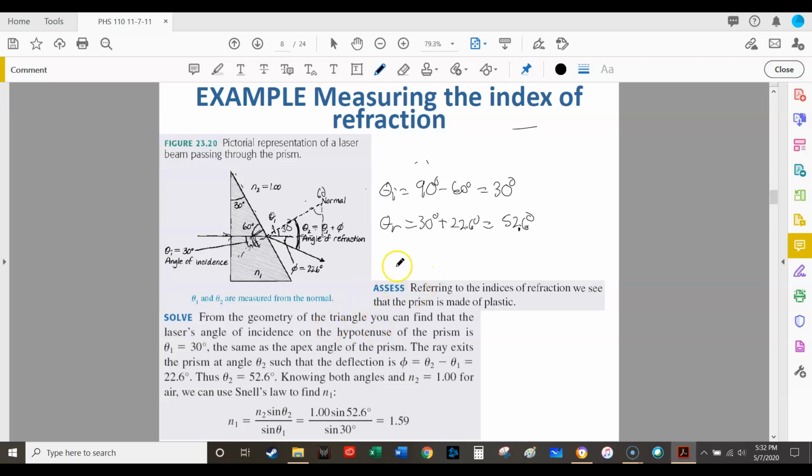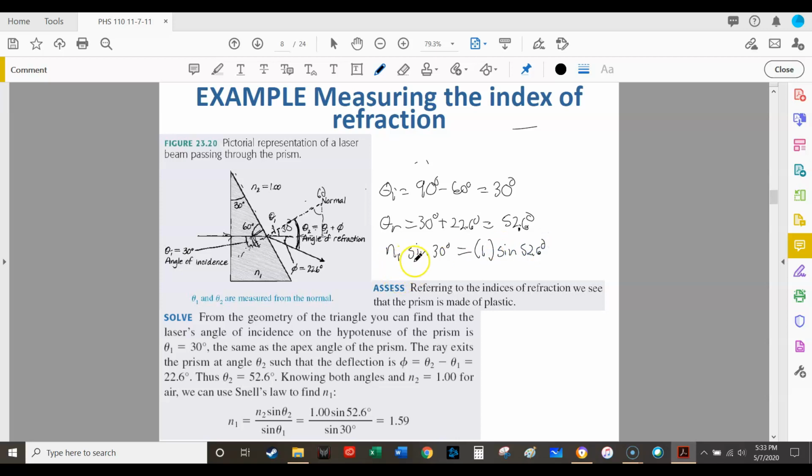And in order to find that, well, actually, we don't know what N1 is on the inside, but we know it is going to be N1 times the sine of 30 degrees, and that's going to be equal to N2 on the outside, which we know is 1, times the sine of 52.6 degrees.